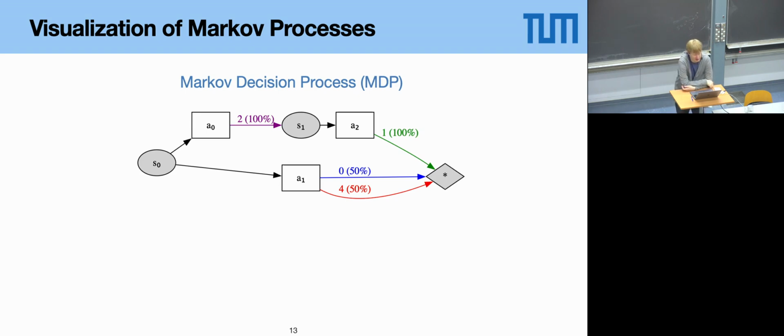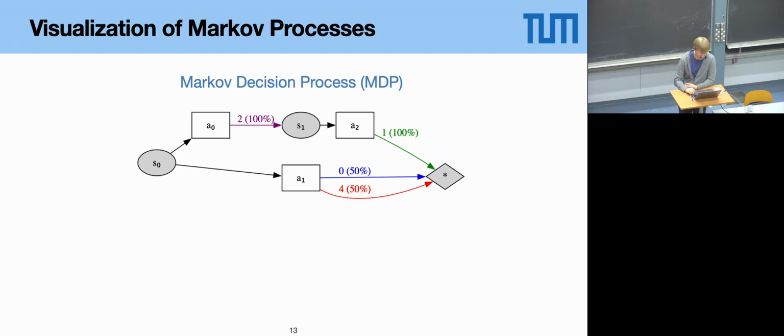After that, on for instance the purple arrow, we have a reward of 2. This describes how a given reinforcement learning task is set up. For instance, you can start in state S0, choose an action, for instance A0, and then observe a reward of 2. Then you are in state S1, and there's another action, another reward, and so on until the episode ends at the very right here.